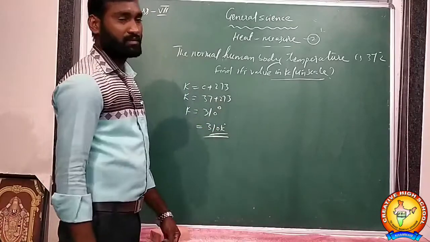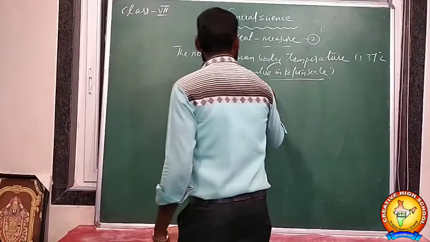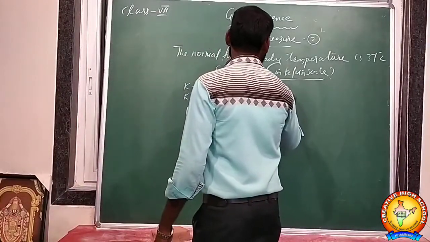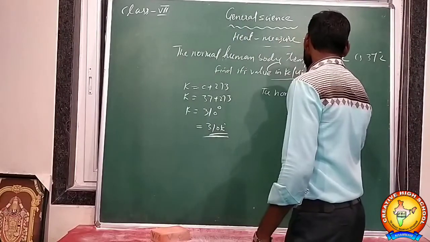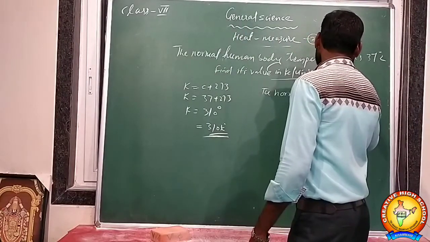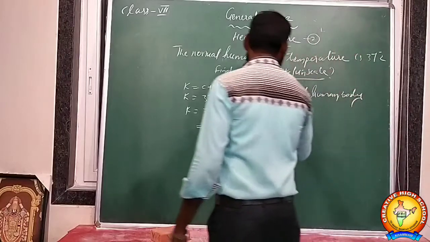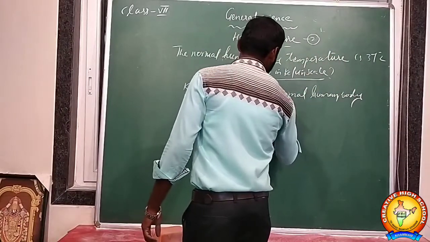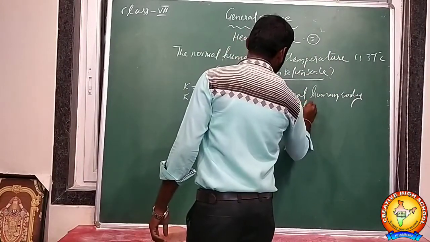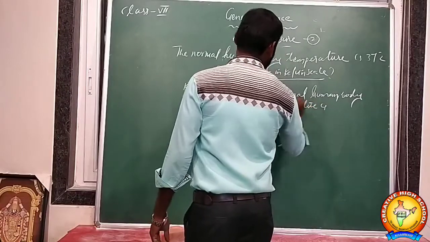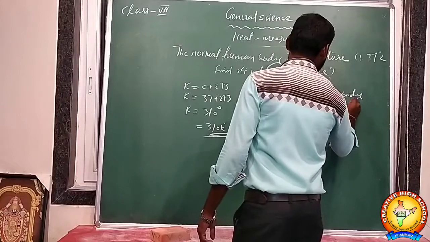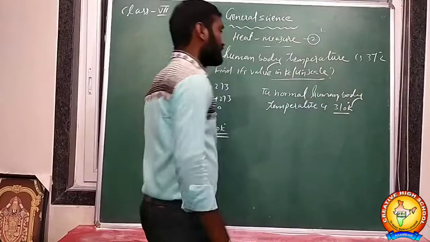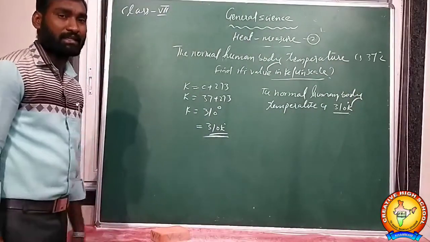So the normal human body temperature is 310 degrees Kelvin in the Kelvin scale.